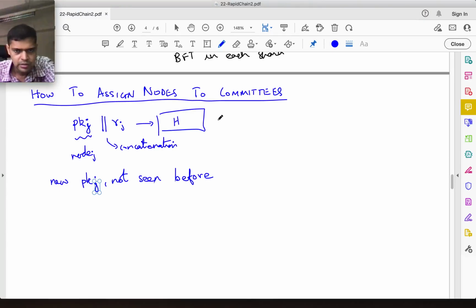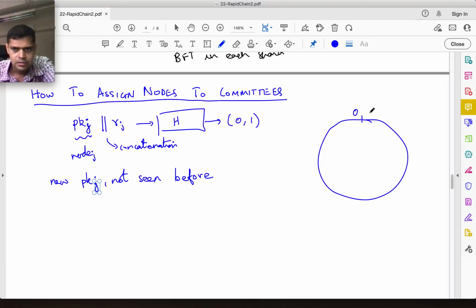We're going to send it through a hash function, and suppose this hash is mapping to somewhere between 0 and 1. So let's write 0, 1 in this fashion, and suppose we divide that into k different sectors.